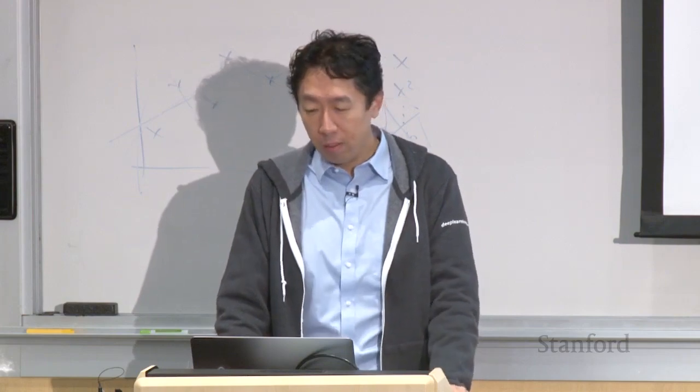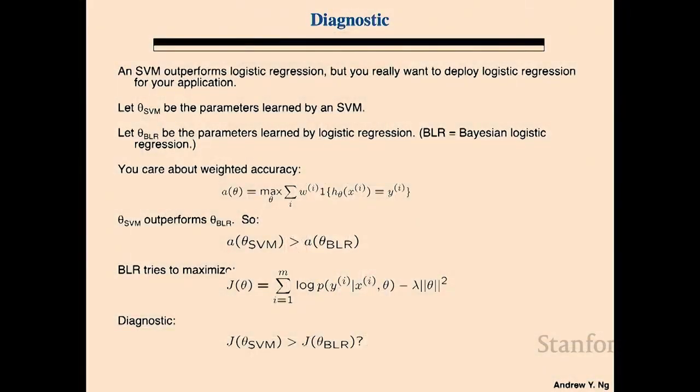Okay, so it turns out there's a diagnostic you could use to distinguish between these two different problems. Take the cost function that logistic regression is trying to maximize, J, and compute that cost function on the parameters found by the SVM, and compute that cost function on the parameters found by Bayesian logistic regression, and just see which value is higher.